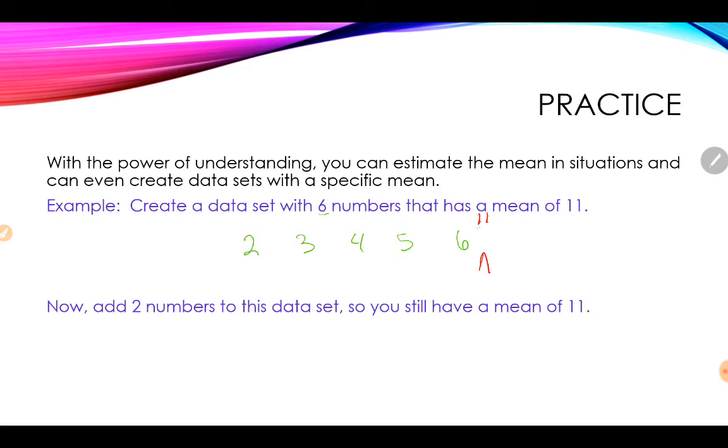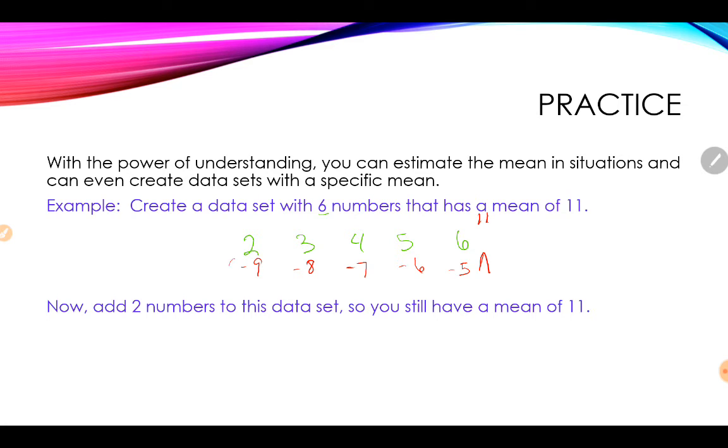Let's see. We have 6 minus 11, I get negative 5, negative 6, 4 minus 11, negative 7, 3 minus 11, negative 8, 2 minus 11, I get negative 9.